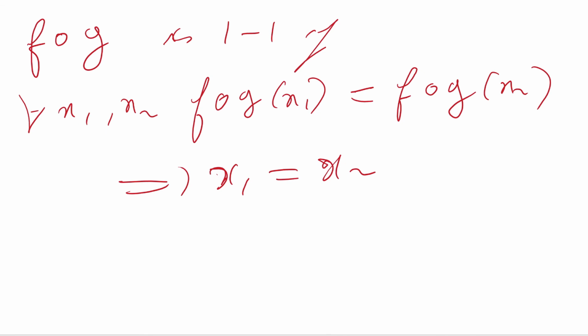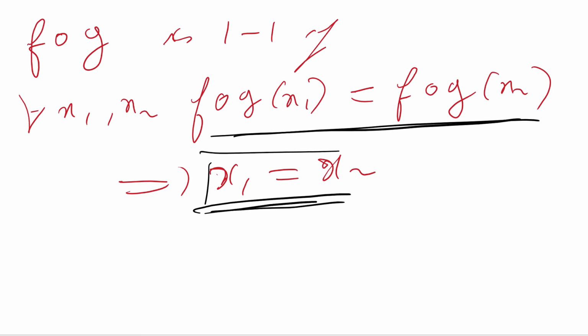So in order to show that a function is one-to-one, knowing that f and g are one-to-one, we must show that for all x1, x2 in the domain, f∘g of x1 equal to f∘g of x2 implies x1 equal to x2. We assume this to be true, and this is what we need to show, because it's an implication.